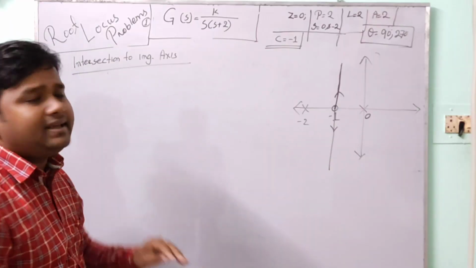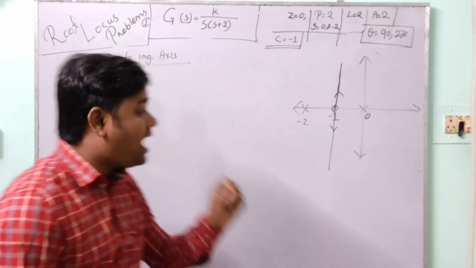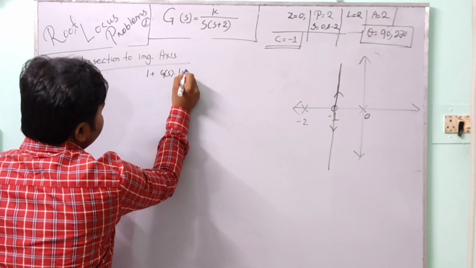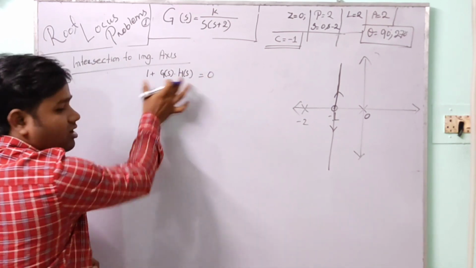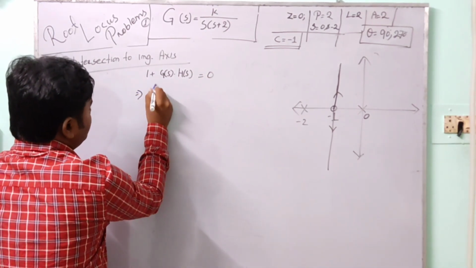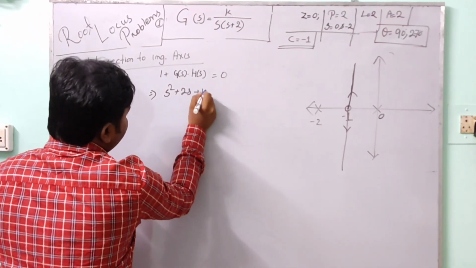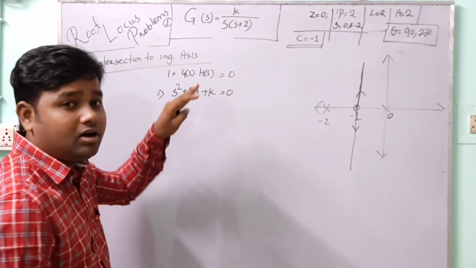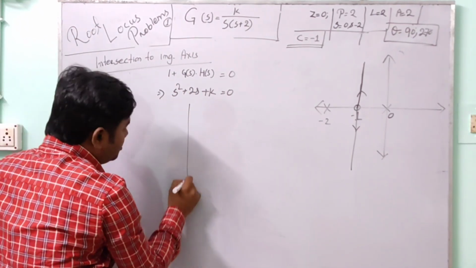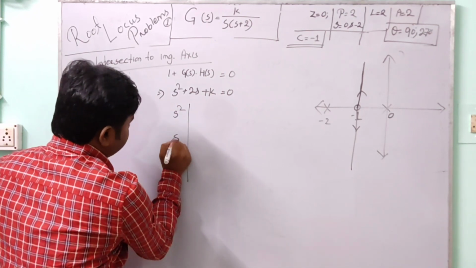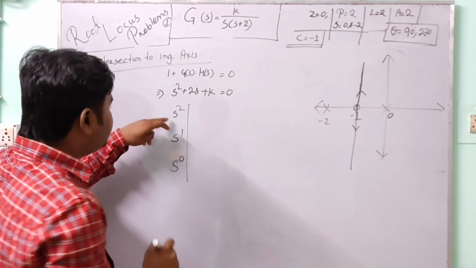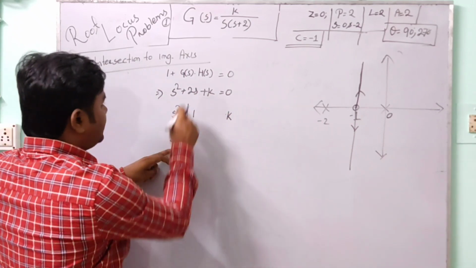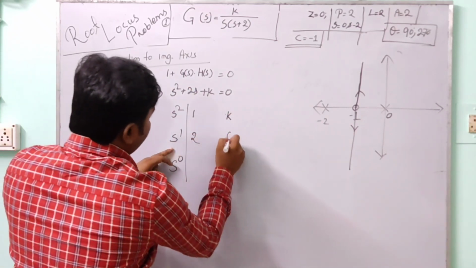For the intersection with the imaginary axis, I have to use 1 plus G(s)H(s) equal to 0. I have already found it as s square plus 2s plus k is equal to 0. Next I will put this in the Routh criteria, with rows s square, s power 1 and s power 0. For s square the coefficients are 1 and k. For s power 1 the coefficient is 2 and the value is 0.